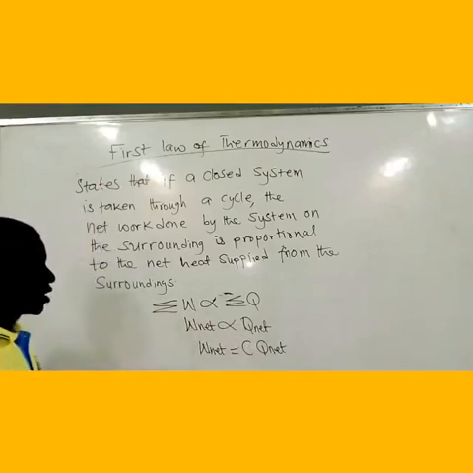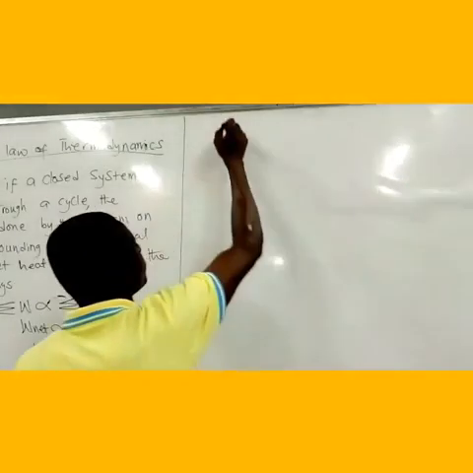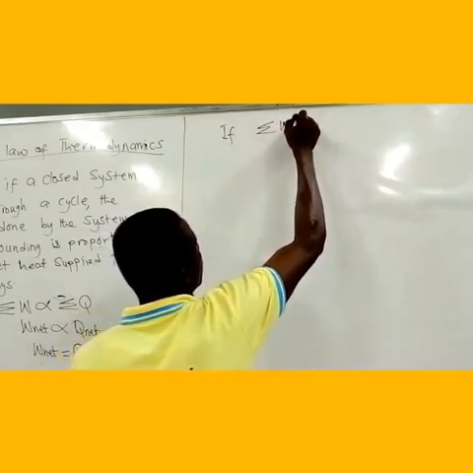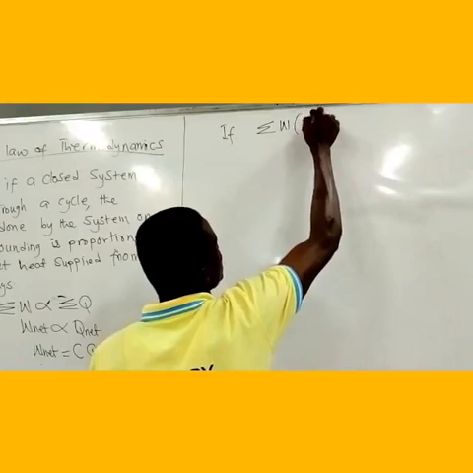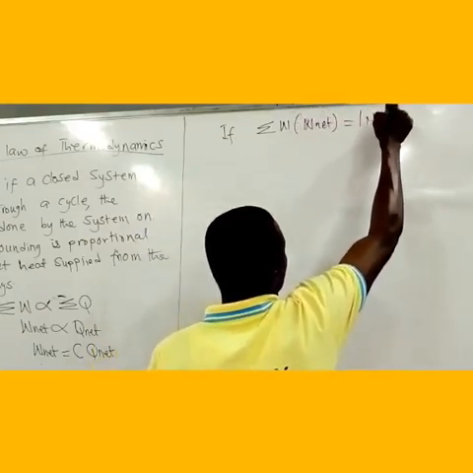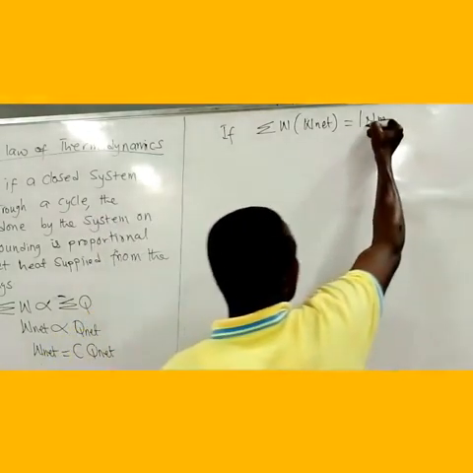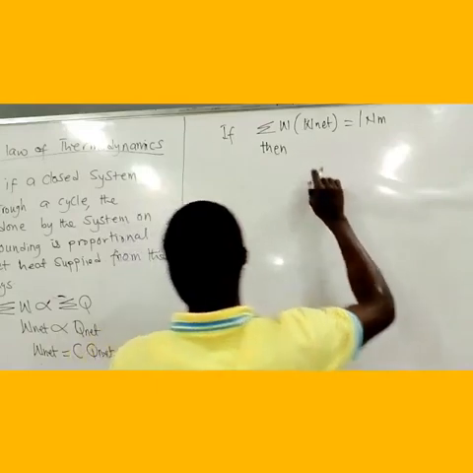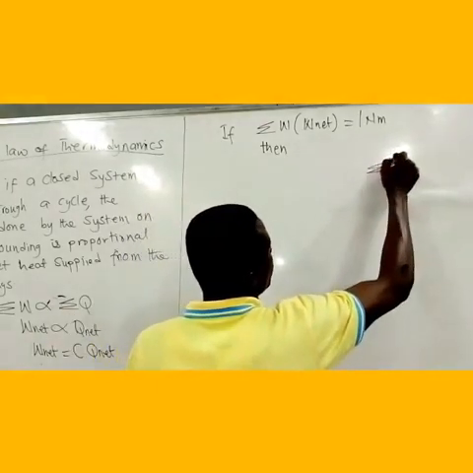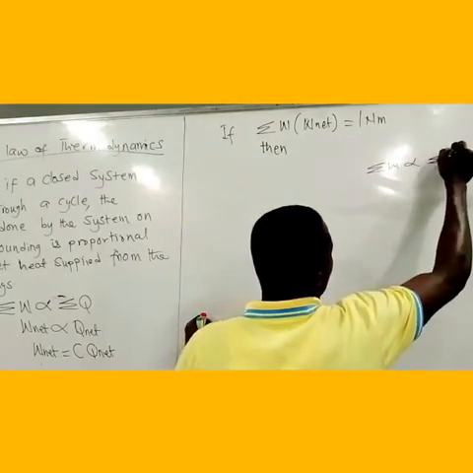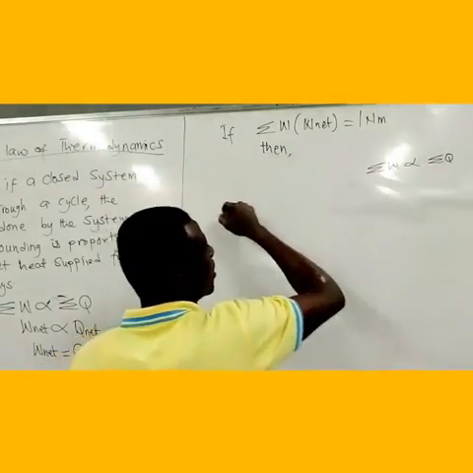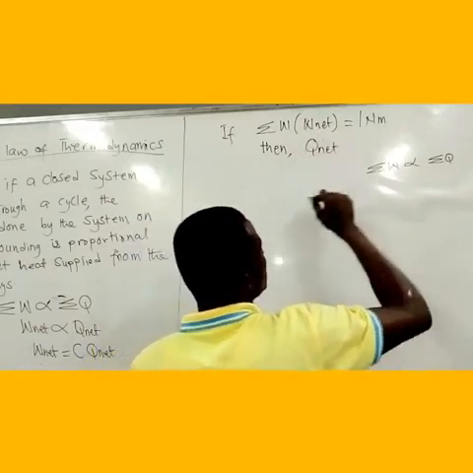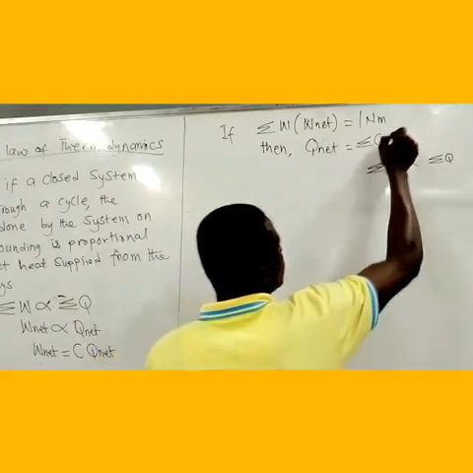So we say that since we have this constant of proportionality, if the summation of work, or work net, is equal to 1 Newton meter, that means the unit of work done is Newton meter, then we can say that since summation of work is directly proportional to summation of heat, it means that heat net, or summation of heat, will also be 1 joule.